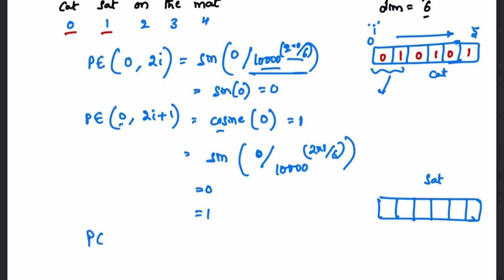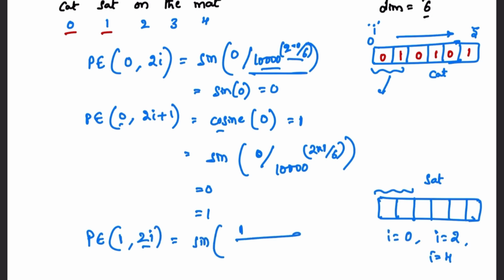So that means PE of 1 comma, let's say 2i, and here sine of 1 divided by 10,000 to the power of 2 times 1 divided by 6. So this value will come as something. By doing this computation, you will get some value and you will keep it here. The next thing is the same with cosine, and you will keep that value here. Like that you will calculate for all the i values for the second word.